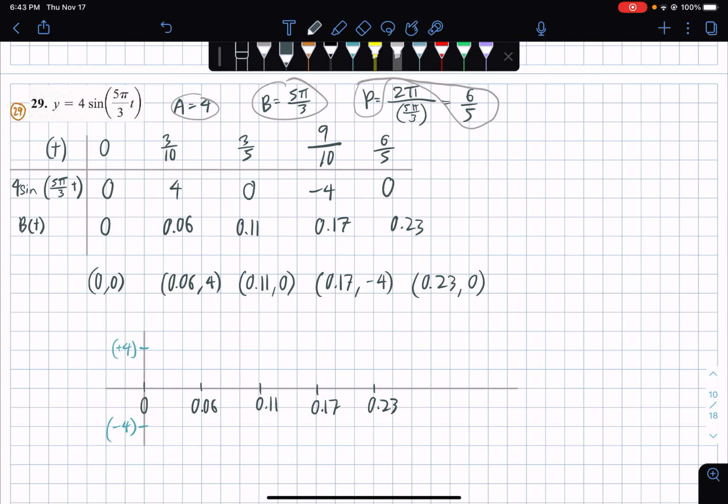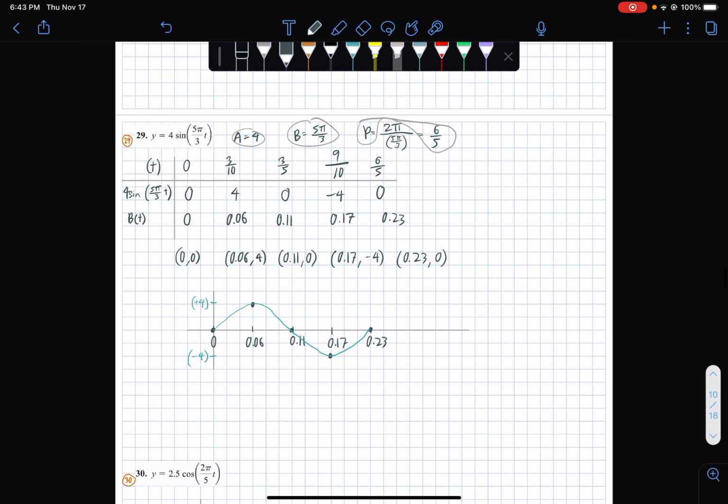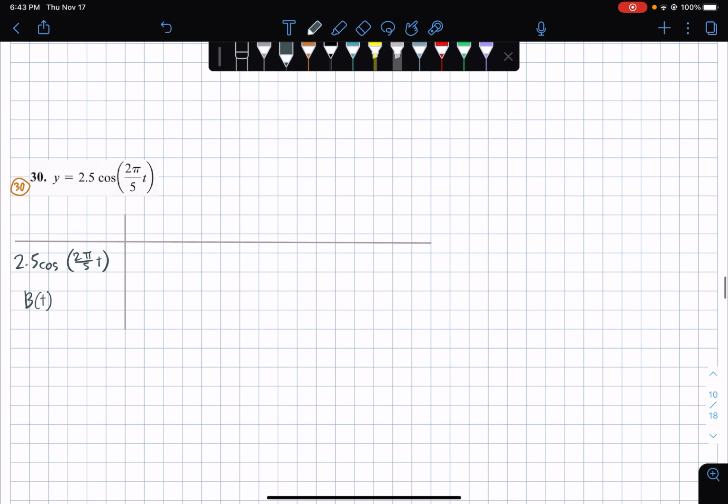And yeah, let's start pointing out the dots. So the graph goes like this. Okay, let's move to number 30.